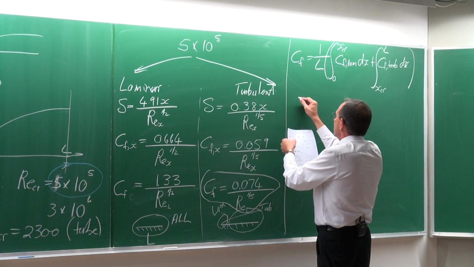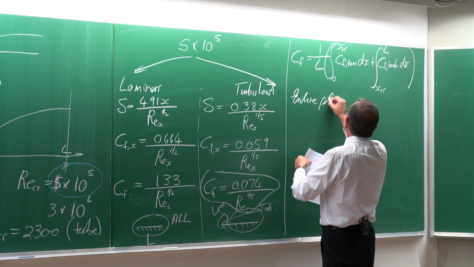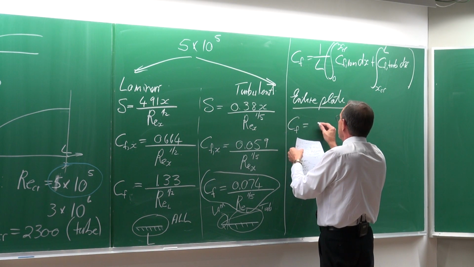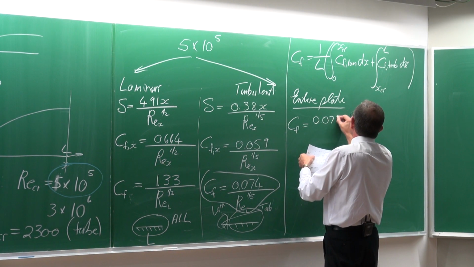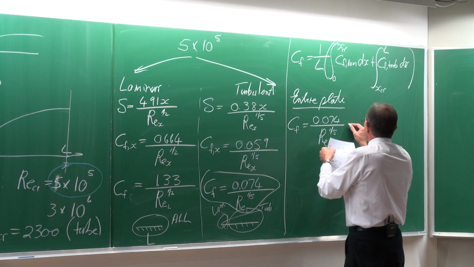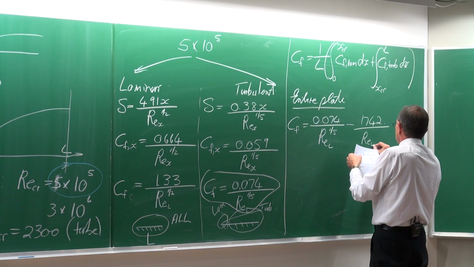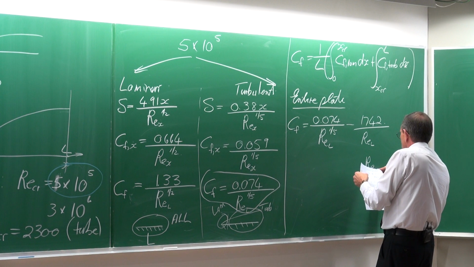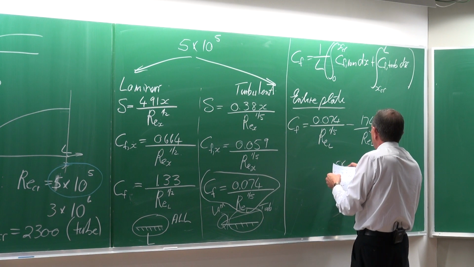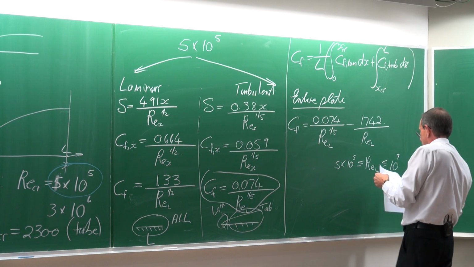Then over the entire plate, we can get an equation. It's just a little bit more complicated, which would say it is equal to 0.074 divided by Reynolds L to the fifth, minus 1742 divided by Reynolds L, and this equation would then be valid for everything from 500,000 to less than 10 to the 7th.